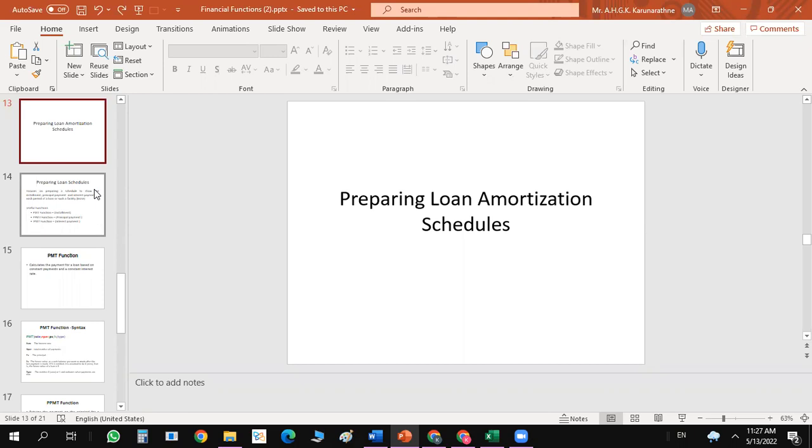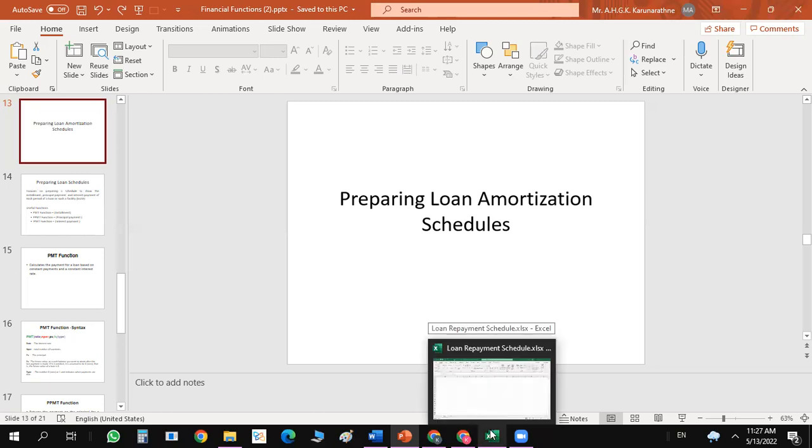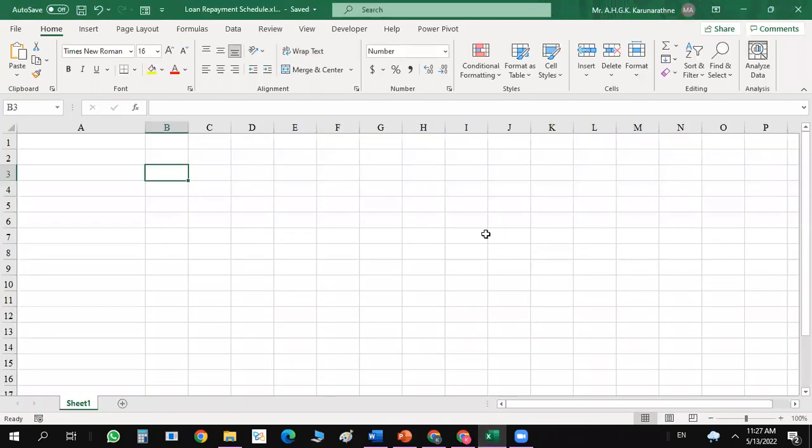You may have already prepared this important schedule. So we'll see how to prepare the loan repayment schedule with your existing knowledge.